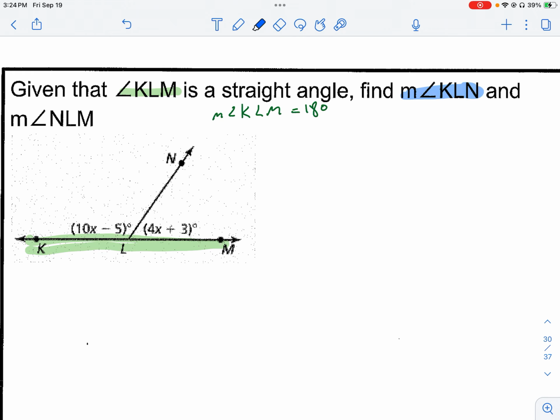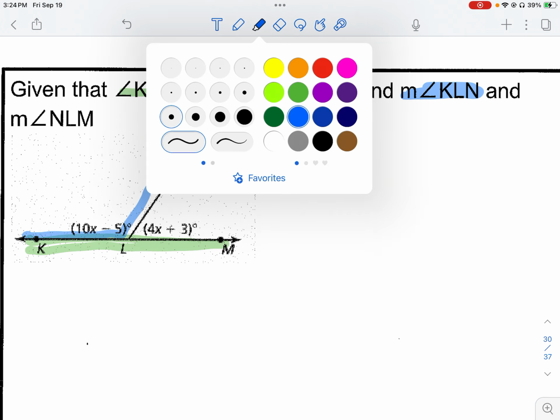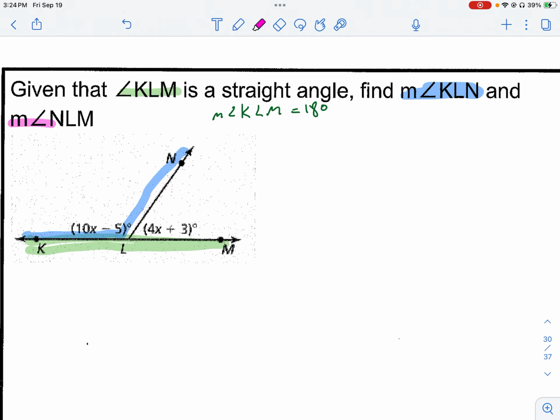Find the measure of angle KLN, which is this guy right here, and the measure of NLM, which is right here.